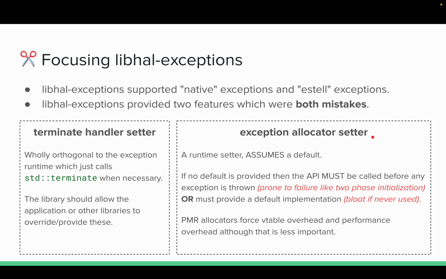The exception allocator setter was probably even worse. I got asked after my talk at CppCon if I could reconsider my design for the exception allocator. What the individual said was, you are basically adding overhead for the polymorphic allocators. I said, well, polymorphic allocators are not that much overhead.